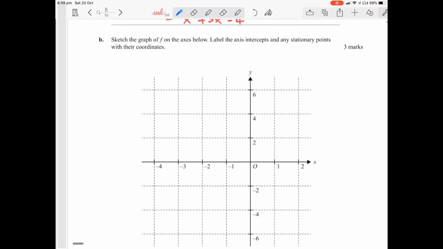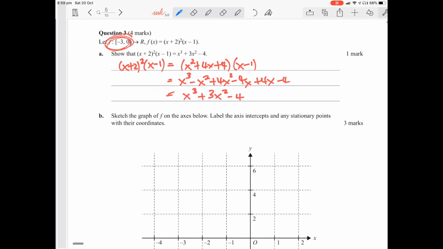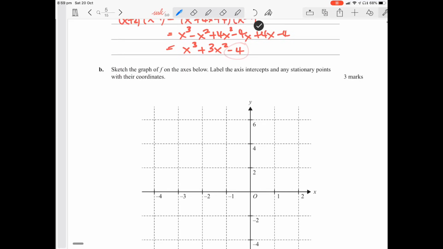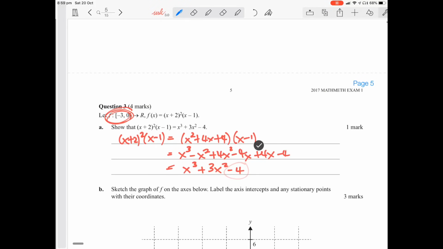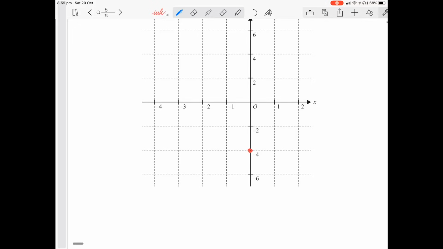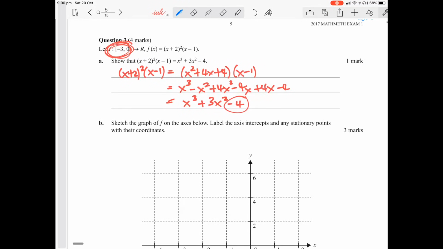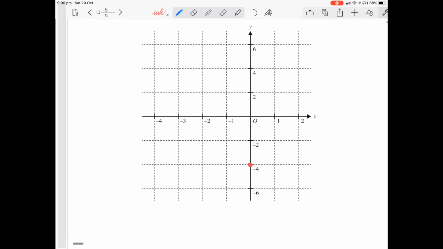Sketch the graph. Label the axis intercepts and stationary points with their coordinates. Okay, so we've got a y-intercept, which is -4, and it only goes to there. So -4. We have got -2 as a repeated factor, so that's a turning point.